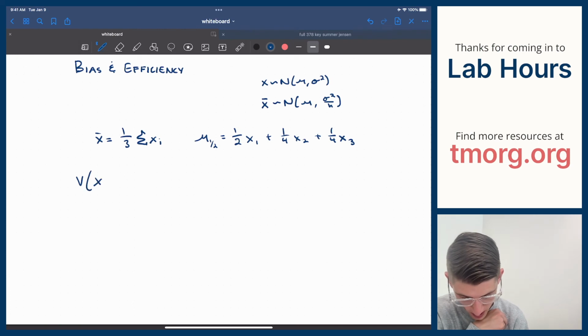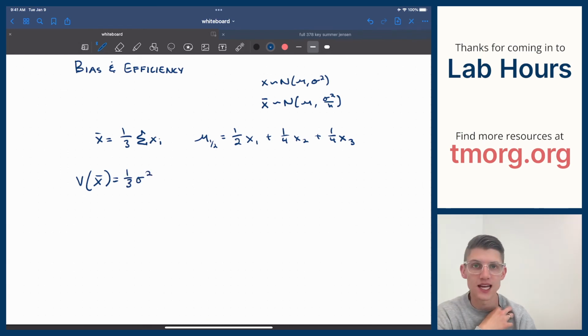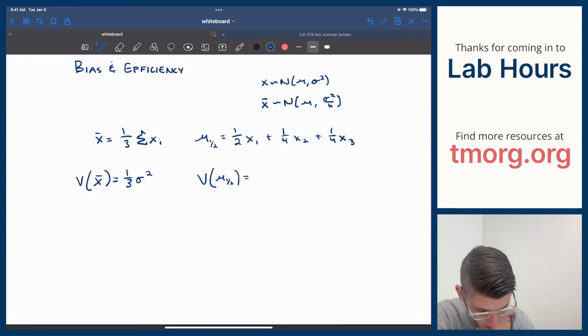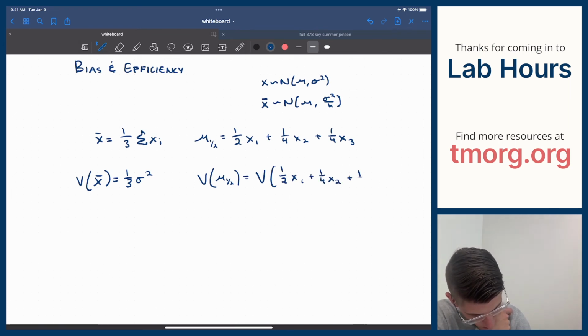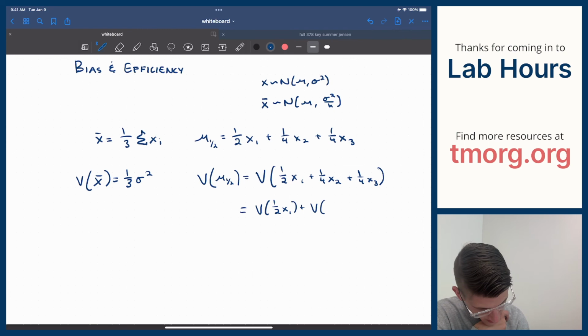The variance of x bar, as we showed before, would be sigma squared over n, which is going to be 1/3 sigma squared in this case, because there's 3 observations. What is the variance of mu 1/2 here? Well, the variance of mu 1/2 would be equal to the variance of 1/2 x1 plus 1/4 x2 plus 1/4 x3, and that would be equal to the variance of 1/2 x1 plus the variance of 1/4 x2 plus the variance of 1/4 x3.